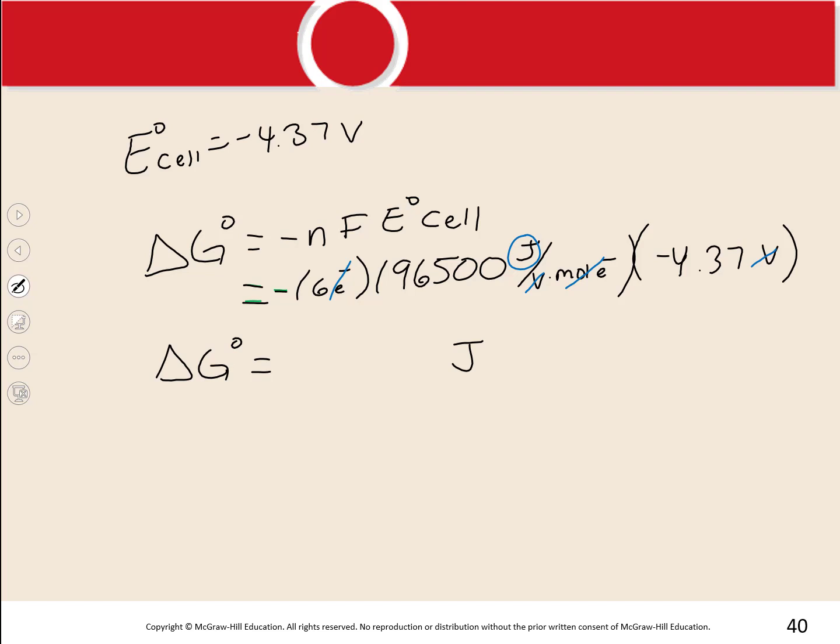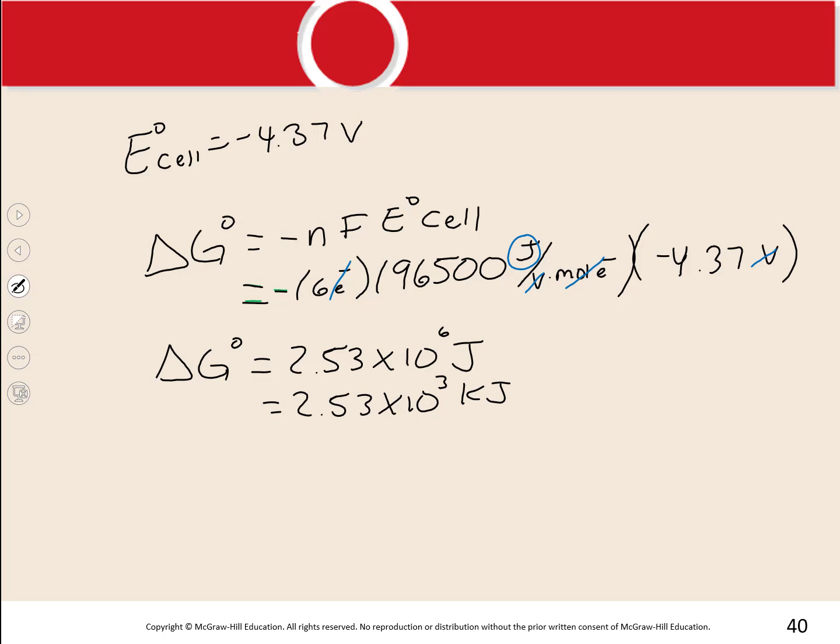Should be a big number. 2,530,230. Yep, let's just write that in scientific notation. 2.53 times 10 to the sixth. Or if you wanted that in kilojoules, knock 3 off of the 6, and 2.53 times 10 to the third kilojoules.